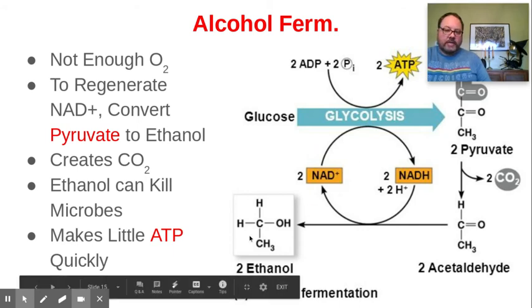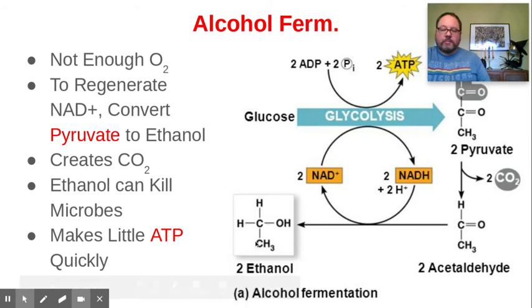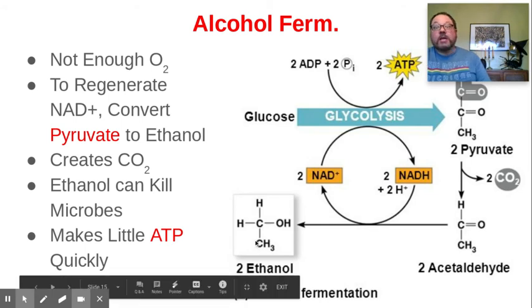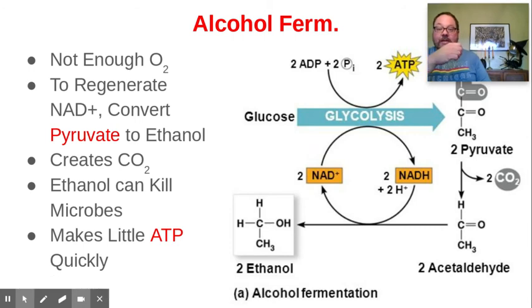Another issue here is that the accumulation of ethanol can disrupt metabolic pathways, so it ends up killing those yeasts or those microbes that perform the fermentation. That's also why we can use 70% alcohol in hand sanitizers. Okay. So again, it's just a different way of dealing with a lack of oxygen.